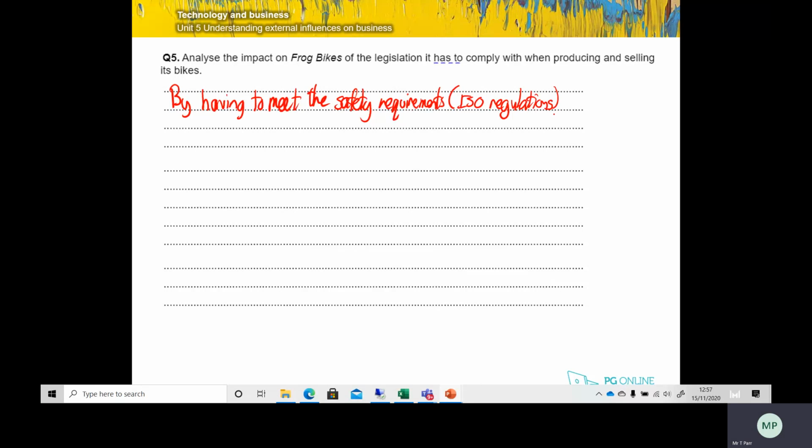Okay, but having to meet safety requirements, ISO regulations, the costs Frog Bikes would have to pay or incur, that's a good word, would be higher than without the rules.